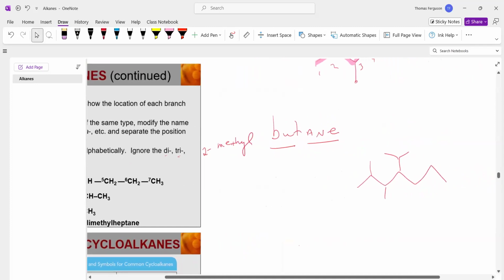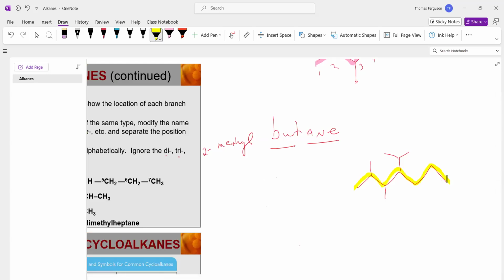Okay. So that's the same as a line drawing. All right. Step 1. Let's identify the backbone. Here, the way I drew it, it's going to be obvious what the backbone is, which is going to be 7 long.